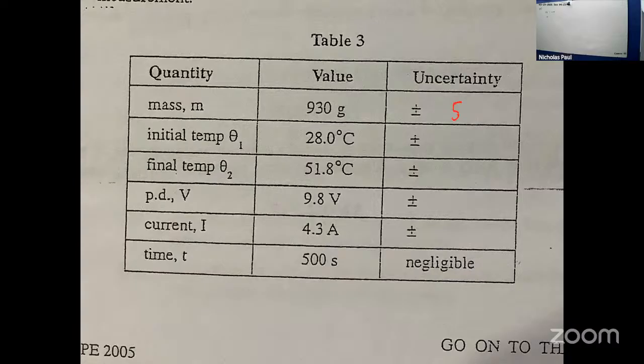What was the smallest reading on the thermometer? 1 degree, so you put 0.5 degrees Celsius. What is the smallest error in B? 0.2, so half of that, 0.1. And the current, 0.05, right?